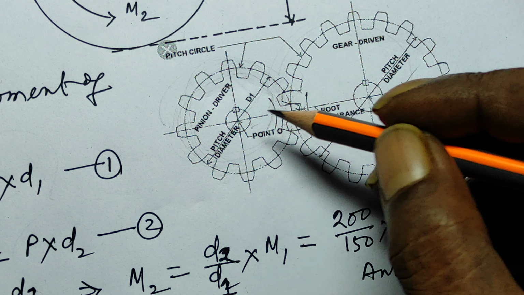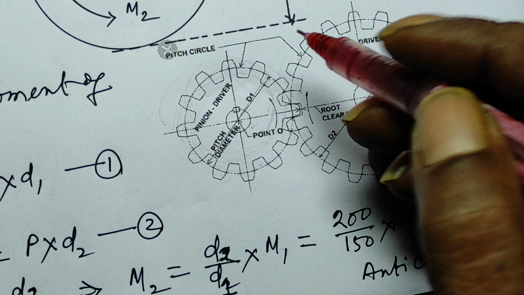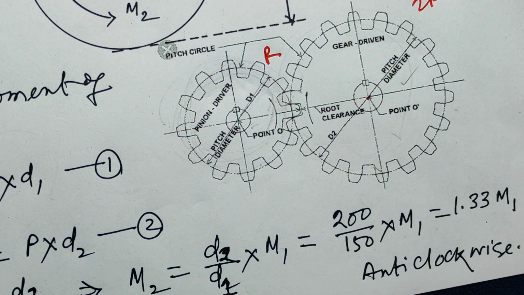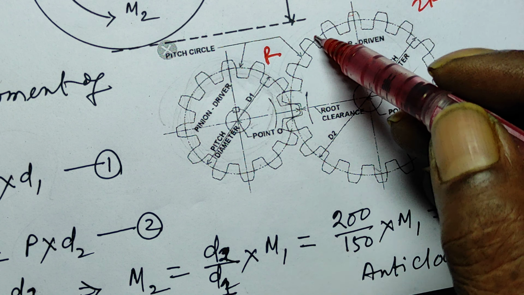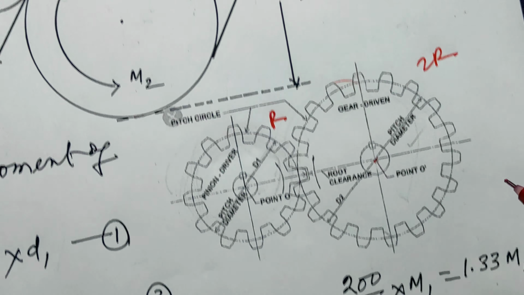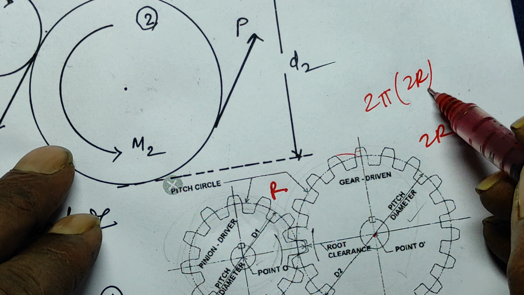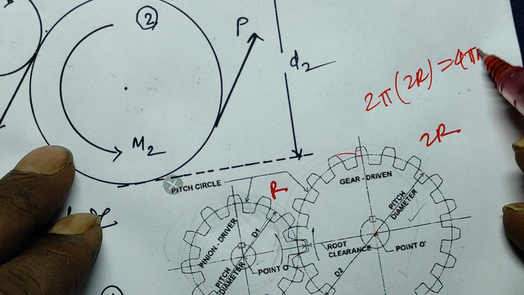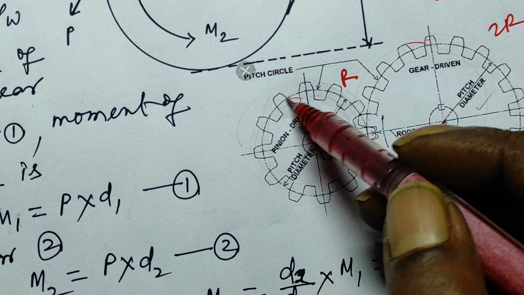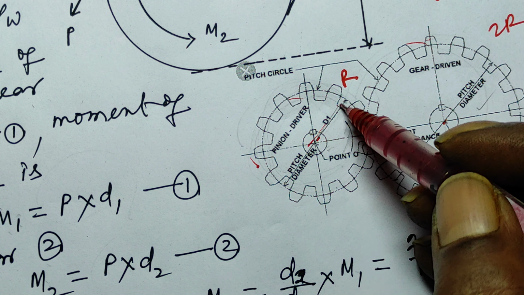So, let's say the radius of the smaller one is r, and the radius of the larger one is 2r. If the larger one makes one revolution, it will cover a distance of 2 pi times the radius, that is 2 pi times 2r, equal to 4 pi r. In the same time, the smaller one has to rotate twice, because its radius is r.